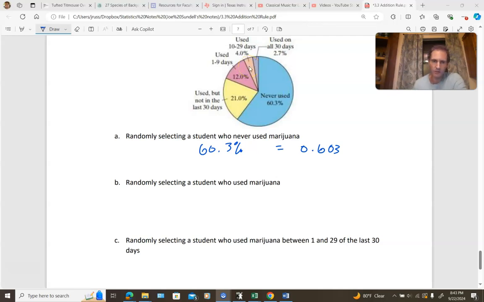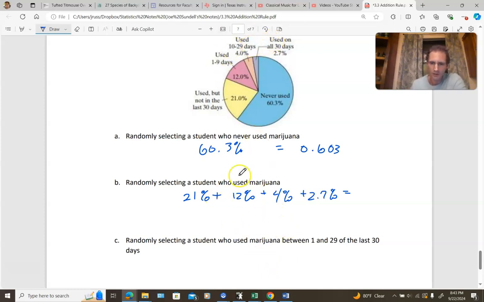So this one is going to be the 21% plus the 12% plus 4%, used within this time period, 10 to 29 days, and then 2.7% used every day.